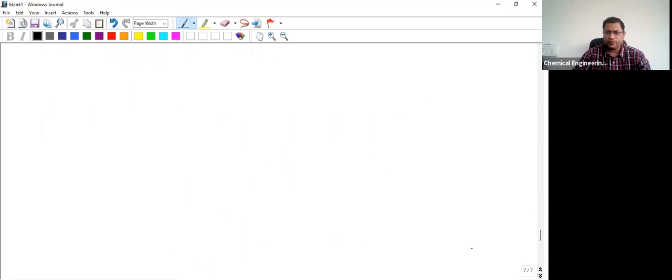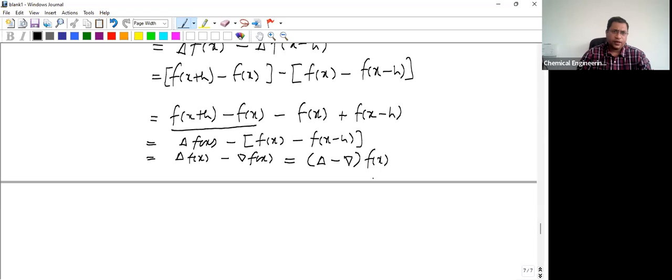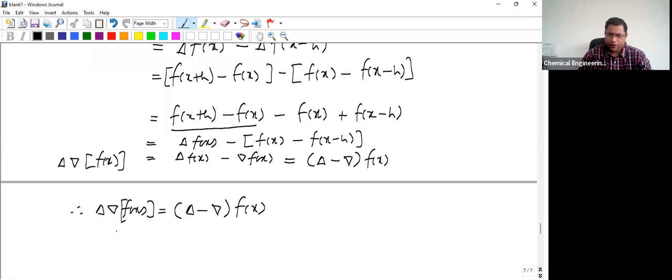So what we got here? See, we are solving delta del operated on f of x. And what we got here is delta del operated on f of x is equal to delta minus del operator on f of x. So can we say that these two operators are same?